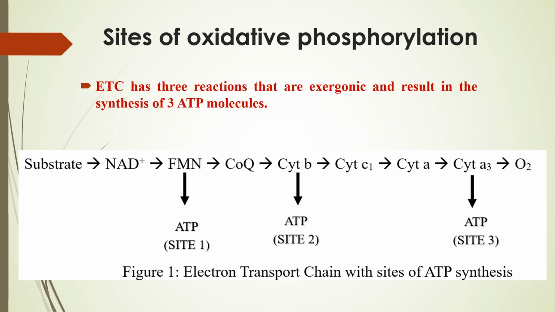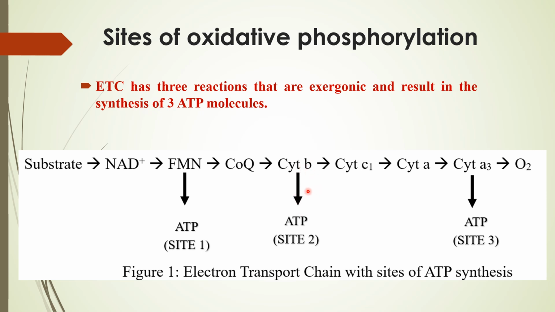Now let us see the sites of oxidative phosphorylation. In the electron transport chain, you have 3 reactions that are exergonic and result in the synthesis of ATP. First, the oxidation of FMNH2 by coenzyme Q. This is the first site which contributes to the synthesis of ATP. The next site is cytochrome b and cytochrome c1.